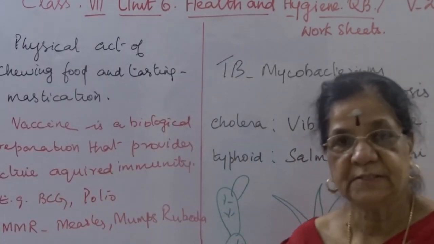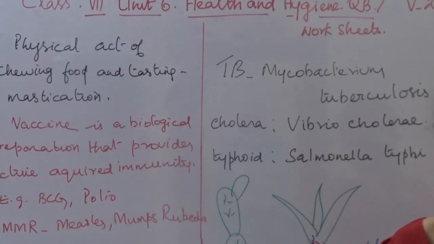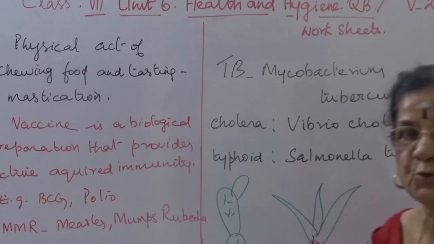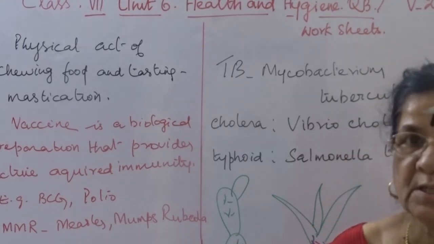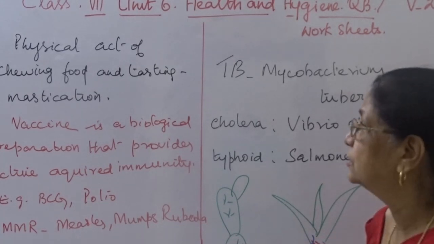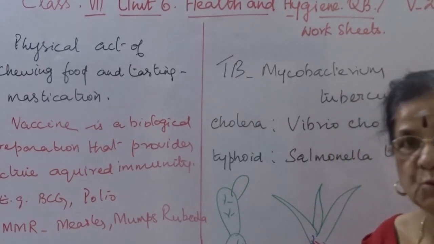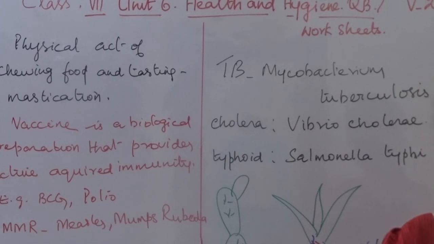I hope you understand. To sum up the video, we have done the health and hygiene QB with the worksheet discussion. For the question answers we have just done a glance discussion. Mainly, you should know vaccine and the causative agents for TB, cholera and typhoid.